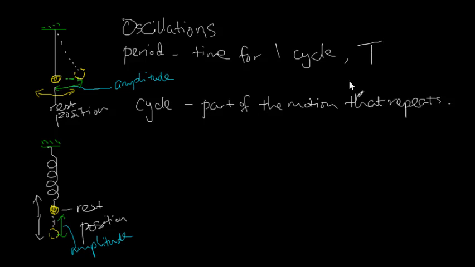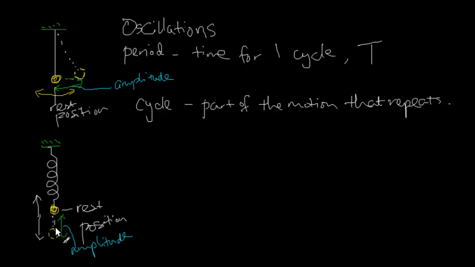Cycle is just a description of the repeating part of the motion. And we talked about amplitude, and there is displacement. If the ball is at a certain position, it can be maybe the amplitude, or at some other point in the motion, it has a certain displacement.